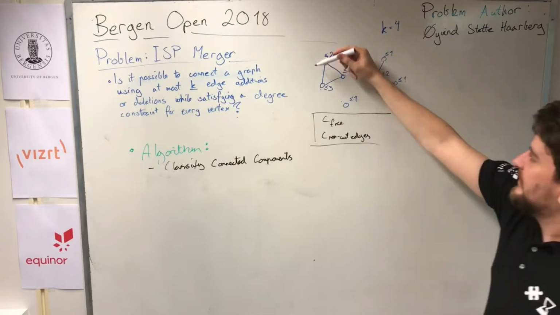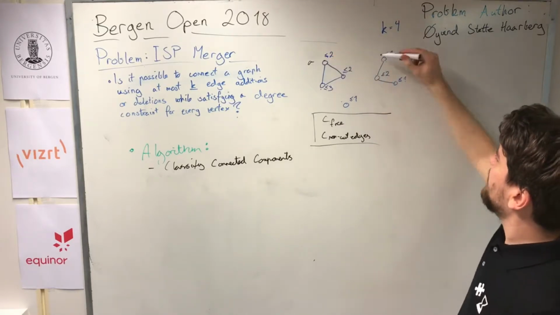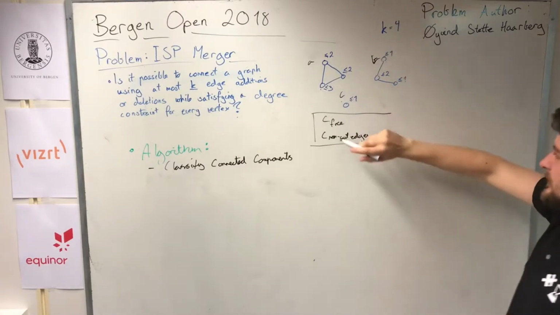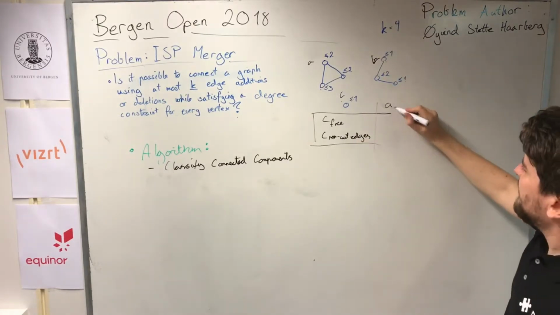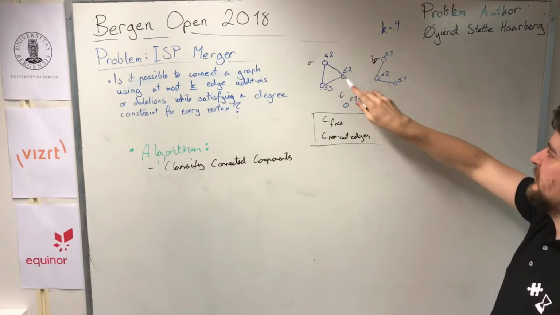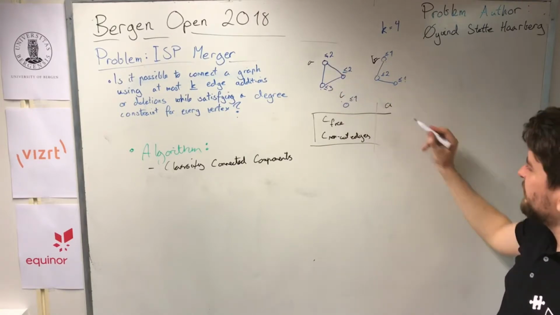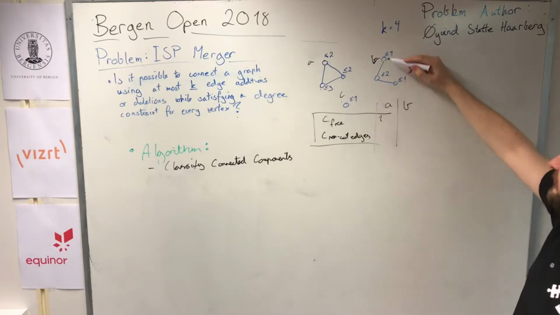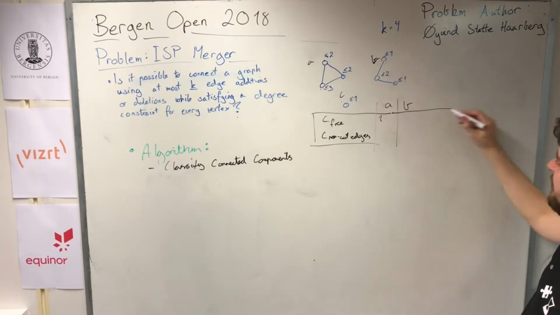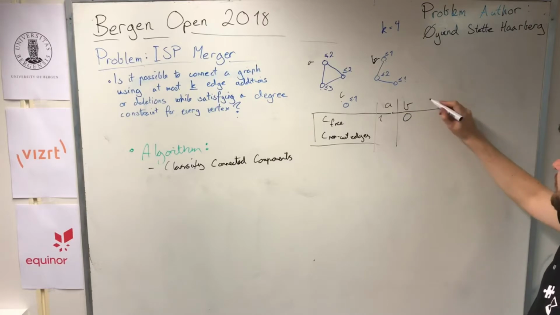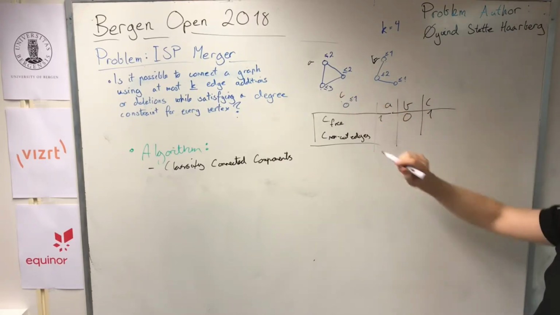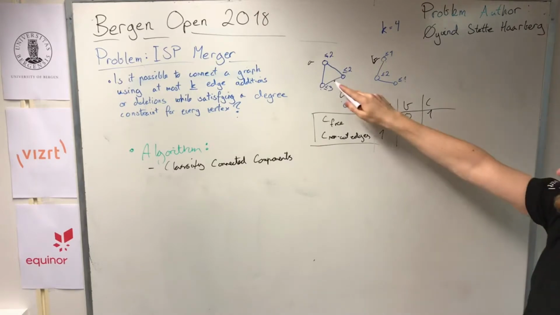So if we label these components as A, B, and C, for A here, you can see that we have exactly one free. For B here, we have 0 free, and C, we have 1 free. For non-cut edges, only A has a non-cut edge.